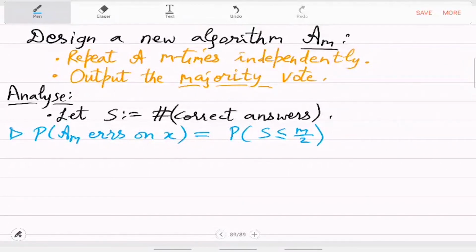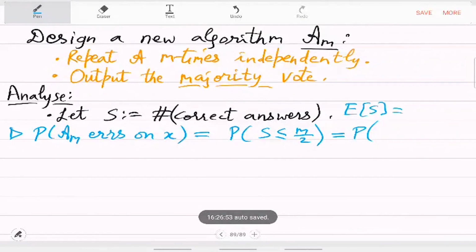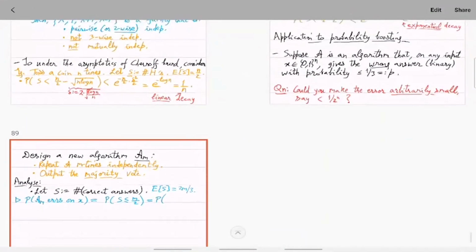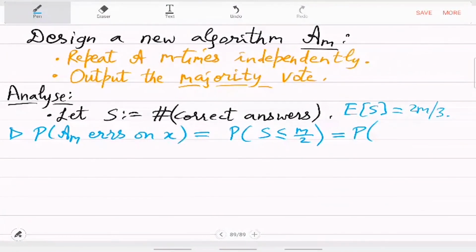So, S is less than or equal to m by 2, which is now, what is the expectation of S? So, expectation of S is 2m by 3, right? Because the wrong answer comes with probability 1/3. So, correct answer with 2/3. So, that is the expectation. So, compared to the expectation, what is this?